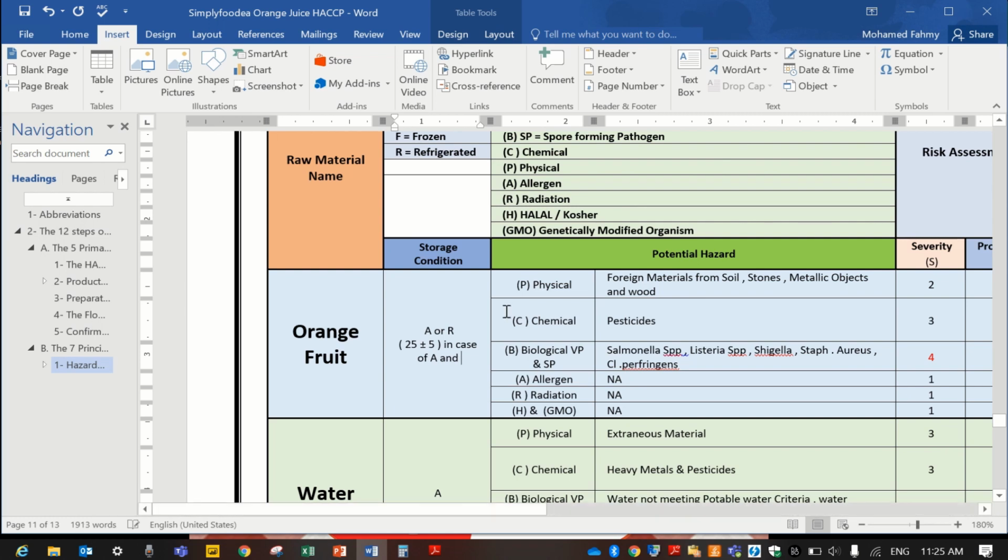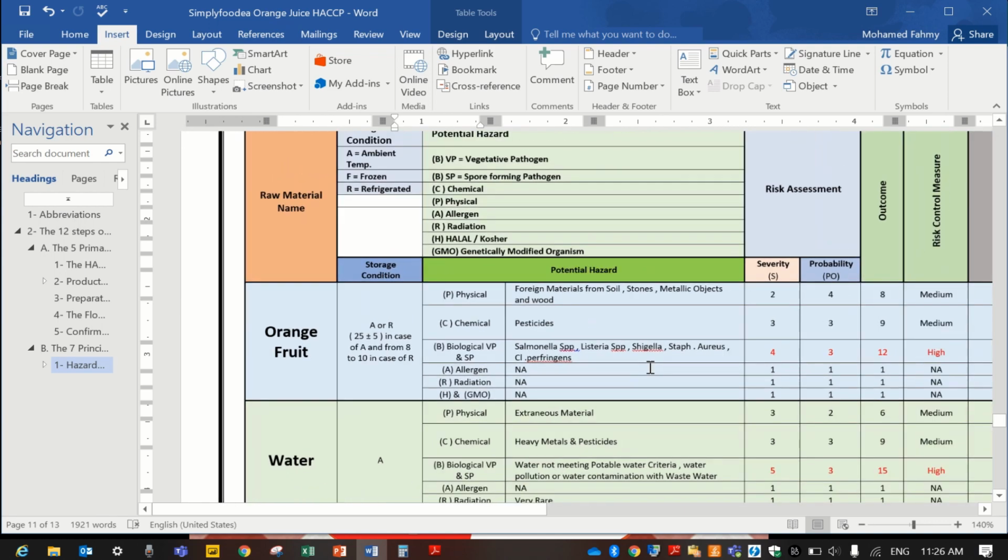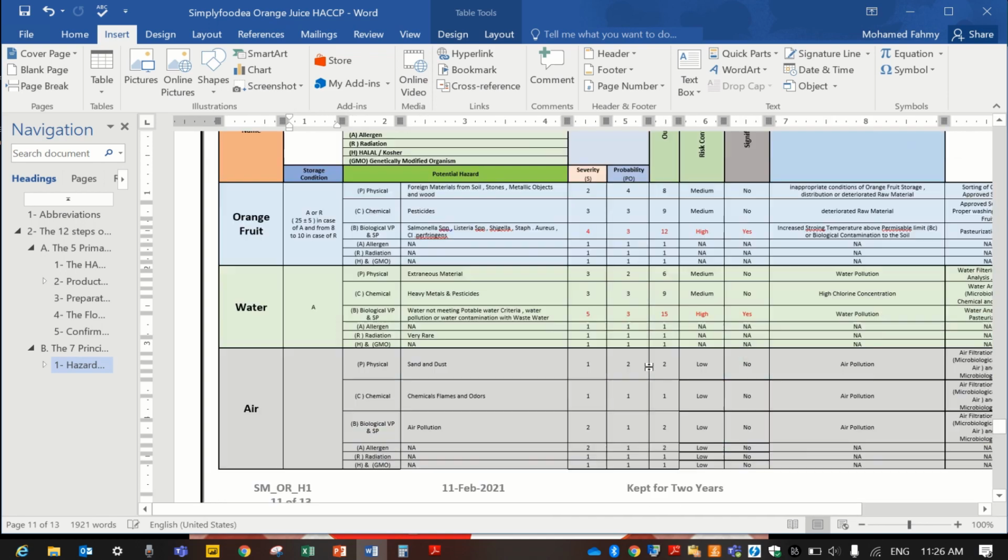And for example, from 8 to 10 in case of refrigerated. This is not a scientific reference, it's just an example. Our HACCP plan on the Simplyfoodea YouTube channel is just an example, just brainstorming on how you can create a HACCP plan.